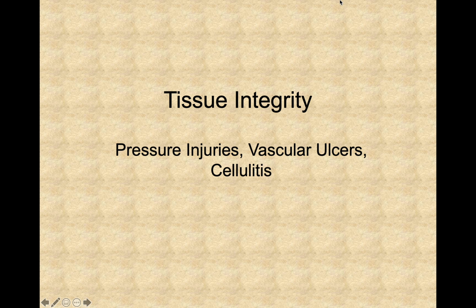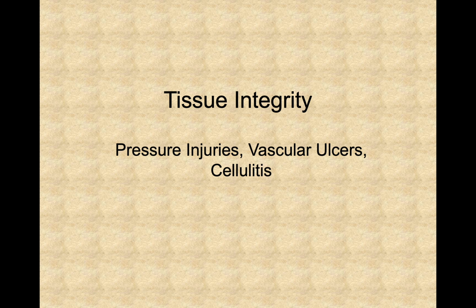So I think we'll do a little talk about tissue integrity, and really in this lecture we talk about three things primarily. First and foremost, pressure injuries or pressure ulcers. Secondly, we talk a little bit about cellulitis, which really isn't a new concept for us because we've talked about infection in the past, and so we already have an idea of what infection really means.